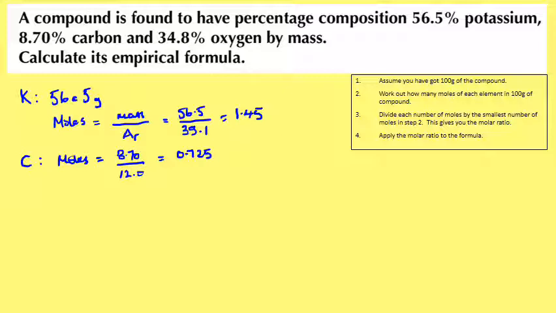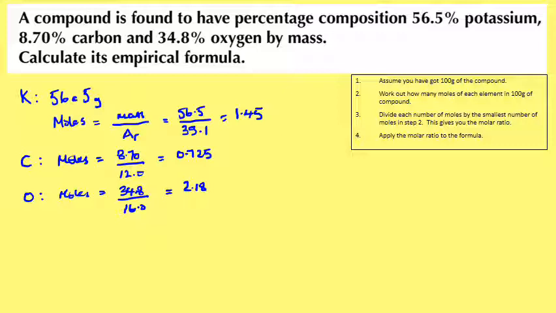And for oxygen, do the same. Our moles of oxygen is going to be 34.8 grams divided by our 16.0 AR of oxygen, and that comes out at 2.18 moles of oxygen.